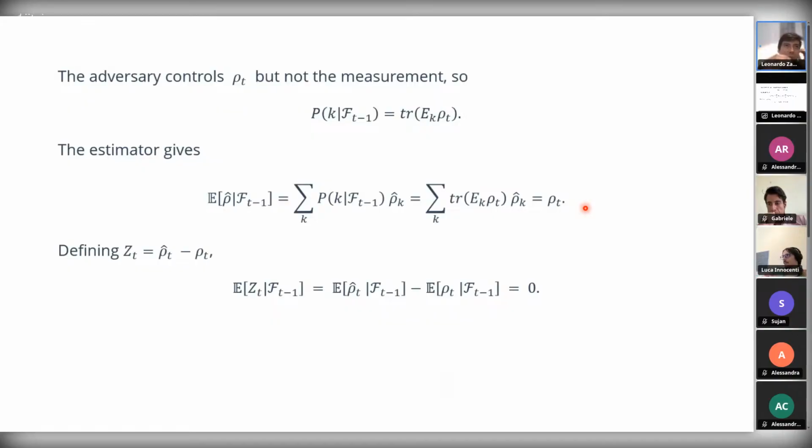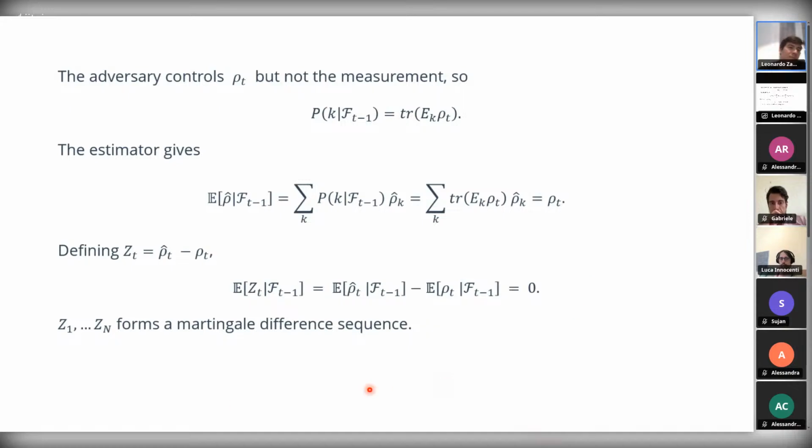In that round, where the adversary changed the state, my estimator will be an unbiased estimator of that changed state. Okay. Right. I don't know if it's clear. Yeah, I think it makes sense.